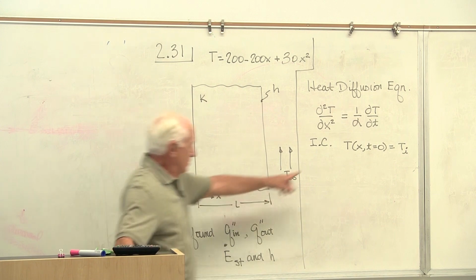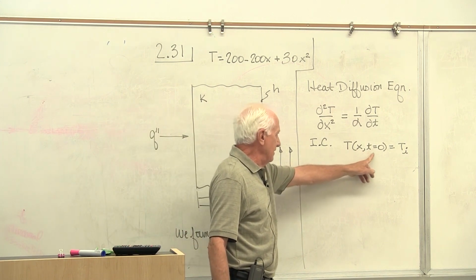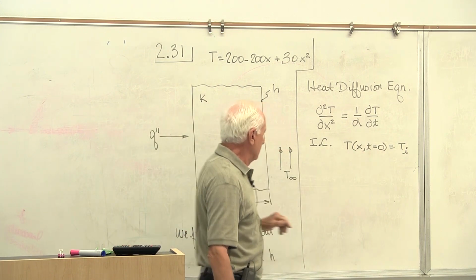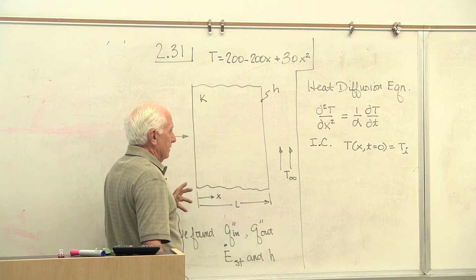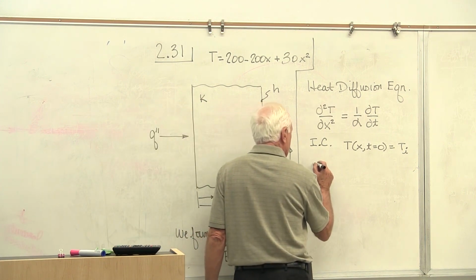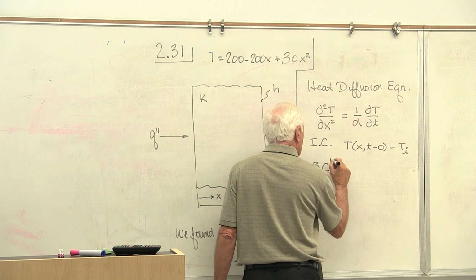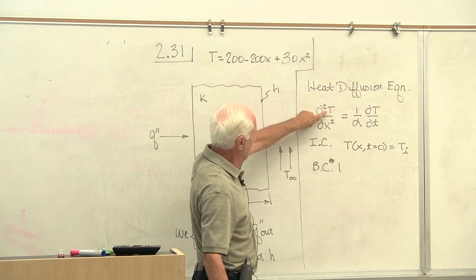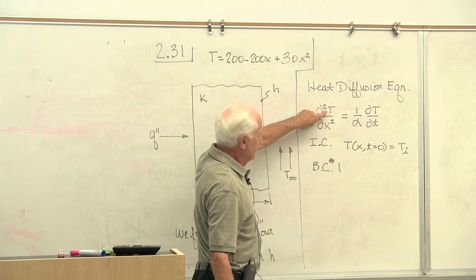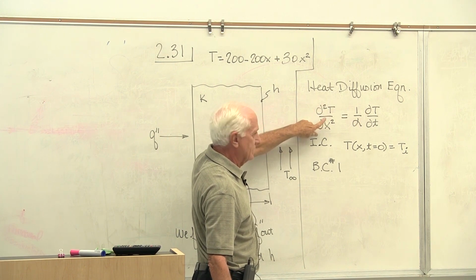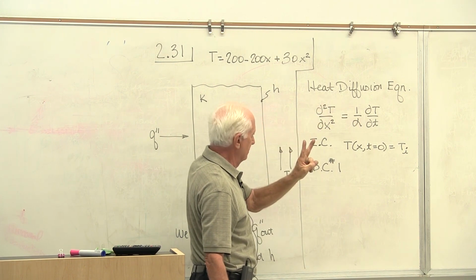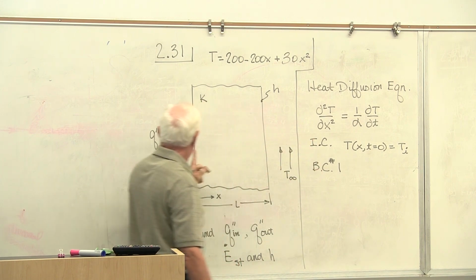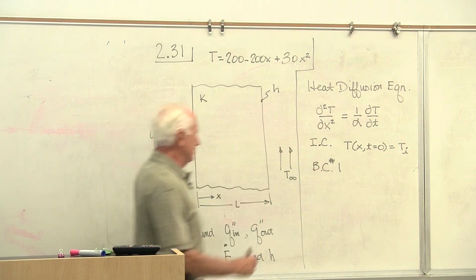That means the temperature for any x at time equals 0 is a constant. So the boundary conditions, there have to be 2 because it's a second order equation. Second partial of T with respect to x means we need 2 BCs. The first BC at x equals 0.